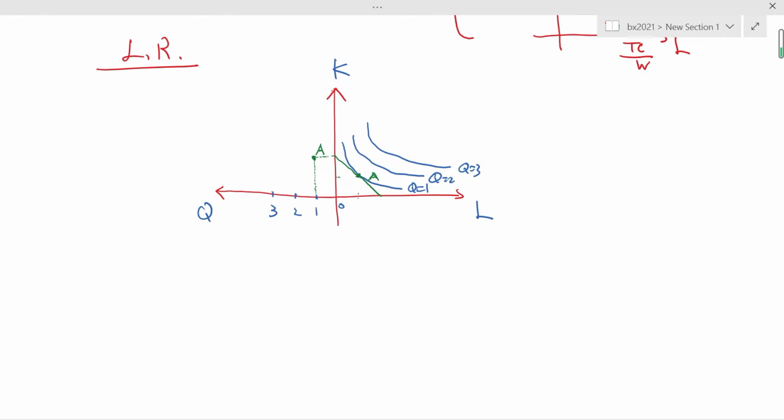Now, if I decide to produce 2 units of output, I need the isocost to find the associated cost.